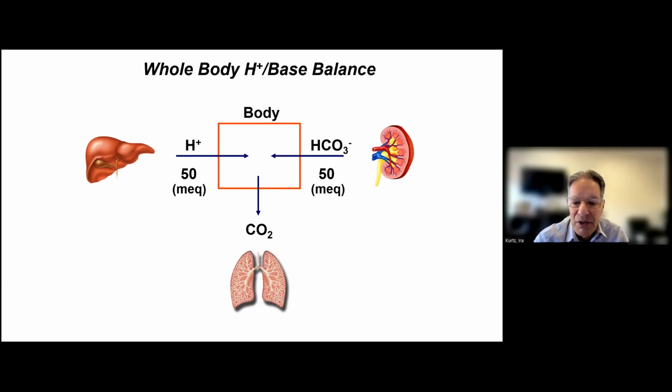But the important sort of take-home message with this is to understand what the normal kidney is doing and what the lungs are doing, because it really helps you understand the abnormality that you'll see in the clinical world if you first have an intuitive feeling for how the normal kidney is keeping the bicarbonate at 25 and how the normal lungs are keeping the PCO2 at 40, and also the interrelationship chemically in the Henderson equation as to how you can look at these numbers.